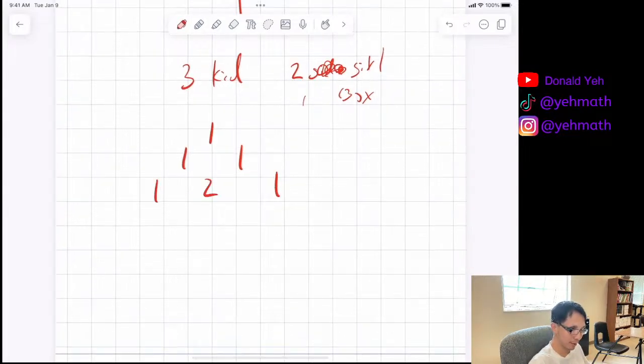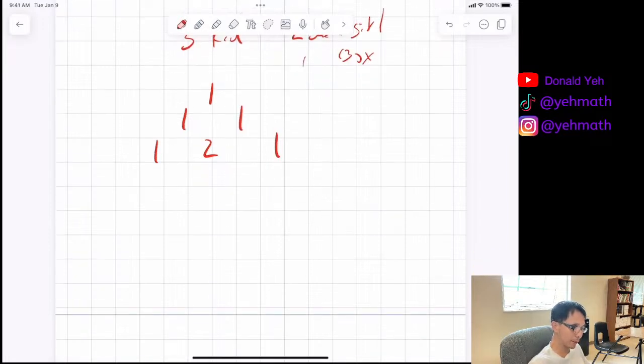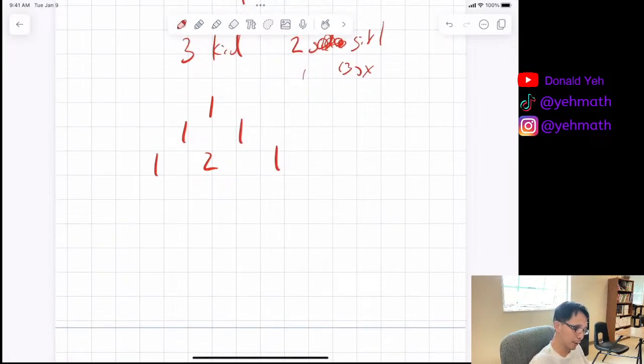This is 2 kids, and this is boy boy, and this is boy girl and girl boy, and this is girl girl, like this. And so 1 3 3 1, this means boy boy boy, girl girl girl, and then there are three combinations here.